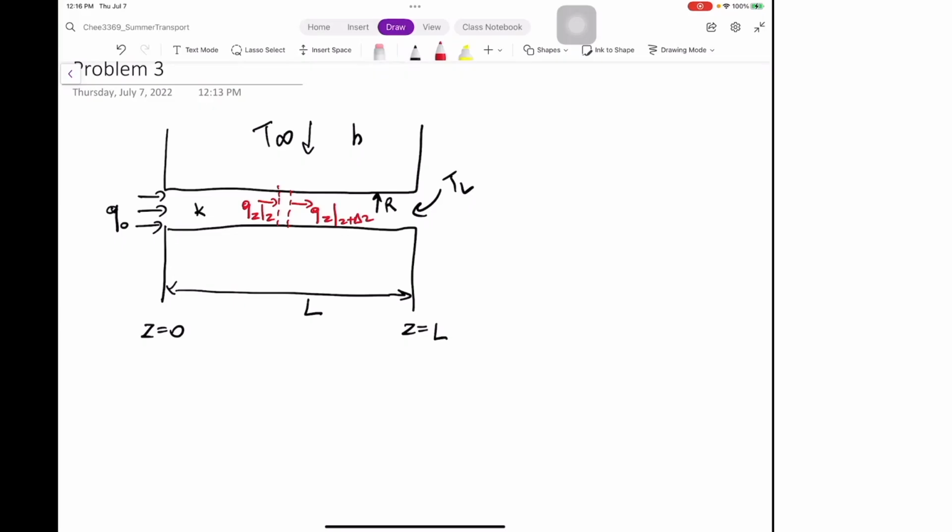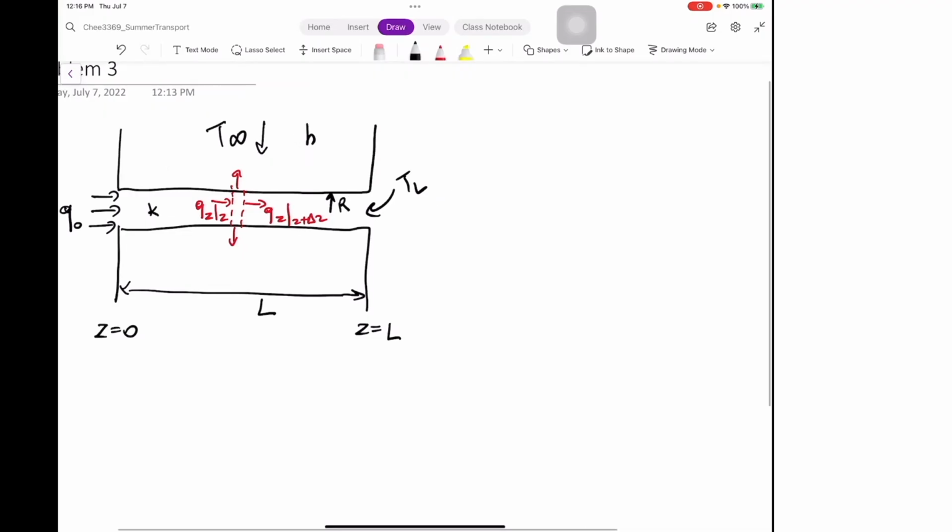And there's also heat loss to the surrounding, which can be calculated using Newton's law of cooling. You write down in minus out plus generation is equal to accumulation. The question says that it's steady state, so the accumulation is 0. There is no generation, there's only ins and outs.